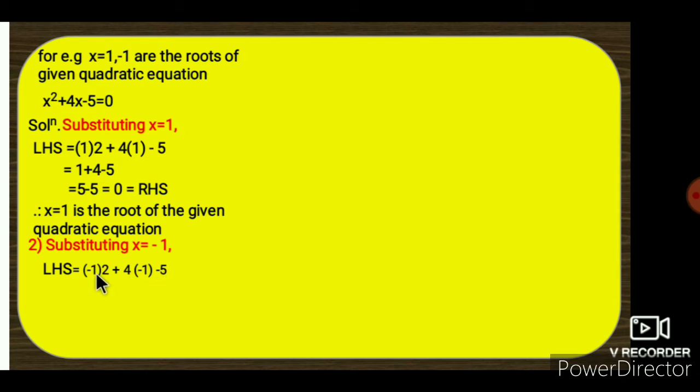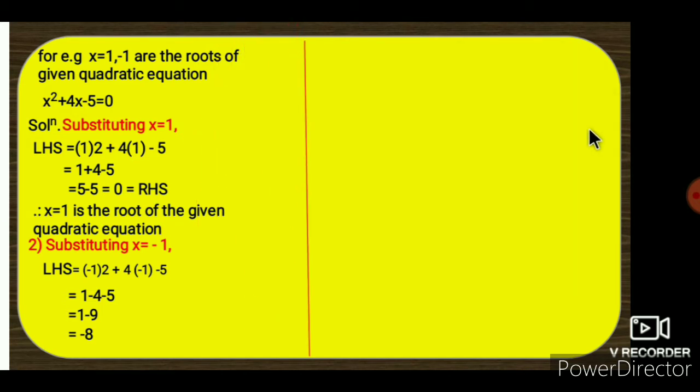The square of any negative number is a positive number. Therefore, LHS is equal to minus 1 square, which is plus 1, plus 4 into minus 1, which is minus 4, and minus 5. Therefore, LHS is equal to 1 minus 9, so LHS is equal to minus 8.